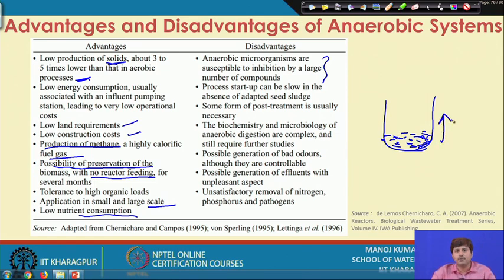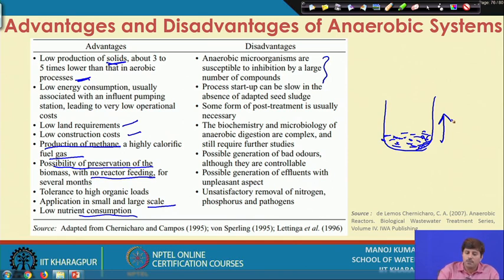So the startup period could be short for this one, but if we start with a sludge which is not adapted, which is not acclimatized to the system, then this acclimatization phase may go very long, at times even 2 to 3 to 4 months, at times even 6 months for the reactor to get stabilized at first.